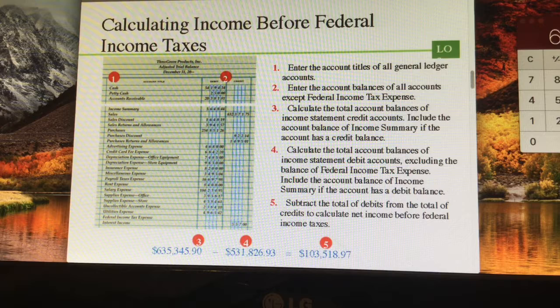We'll calculate the total account balances on the income statement for the credits, and we'll calculate the total for the debits. After you calculate the total account balances of the debit and credit side, we're going to subtract. So we'll subtract our debit and credit totals, and that's going to calculate the net income before we actually have our income taxes.